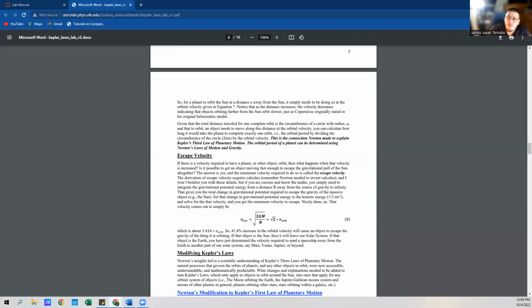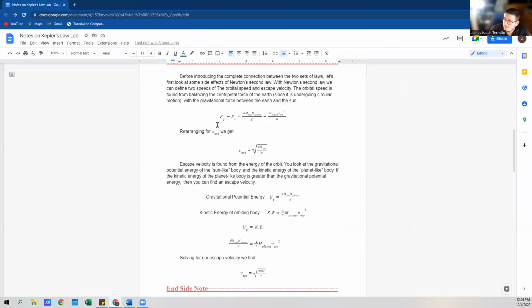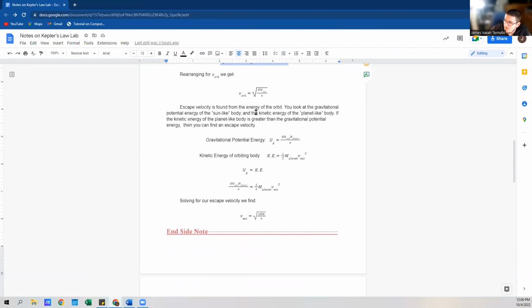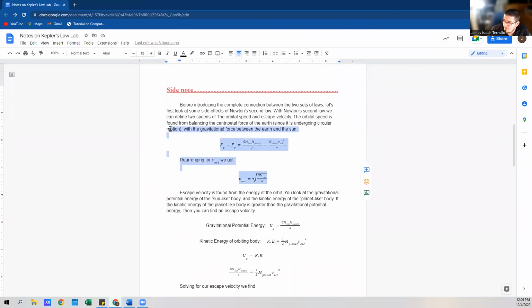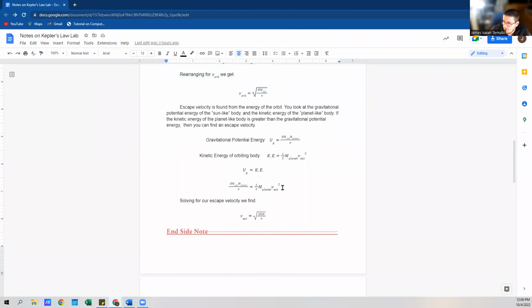And I've outlined it here in my notes as a side note. Like I said, this is for orbital velocity if you're interested in this, but I mainly want to focus on the escape velocity. And as you see here, it's just setting the energy of the different bodies equal to each other and finding that there's a specific velocity at which a planet can go before it's going too fast for it to stay in its orbit.